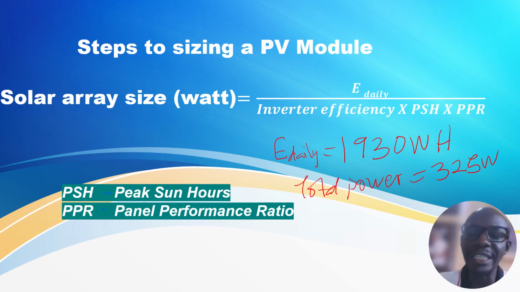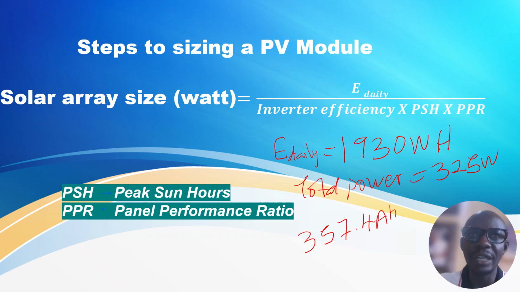And when we were designing our battery, remember that we got the capacity of the battery that is needed is 3574 amp hour. That's the capacity of the battery.